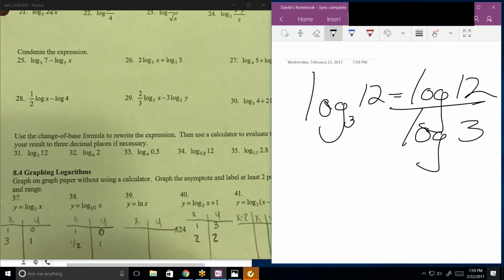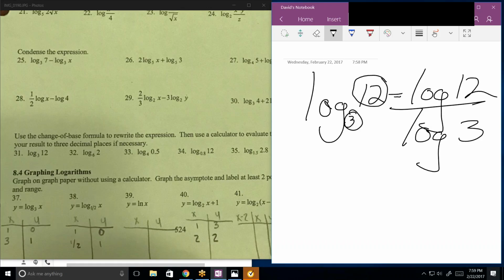It can be common log, it can be natural log, it can be log base 17. All of those ratios are the same, but it's the log of the upper number, I don't mean the bigger number, I mean the upper number. And I don't mean small, I mean the lower number. That's all you do.